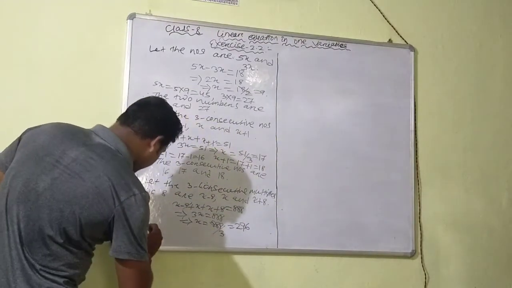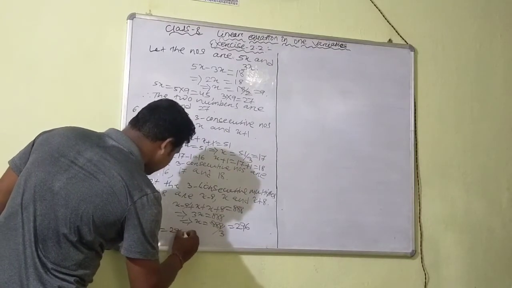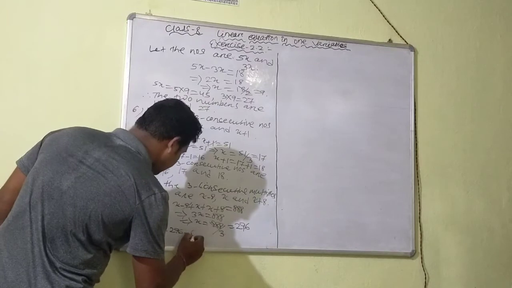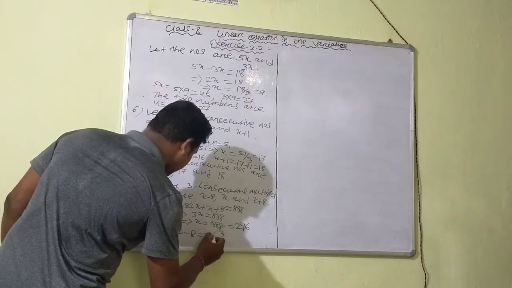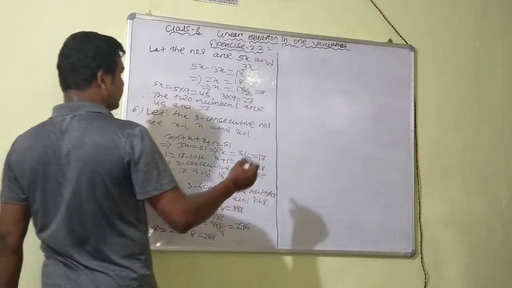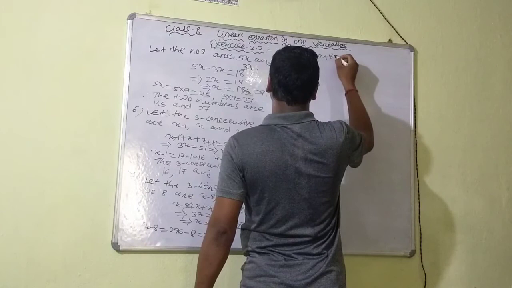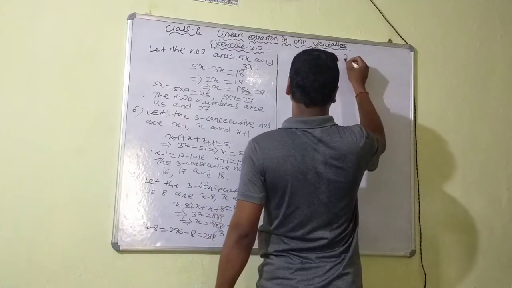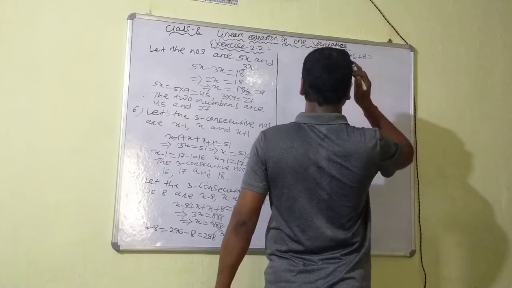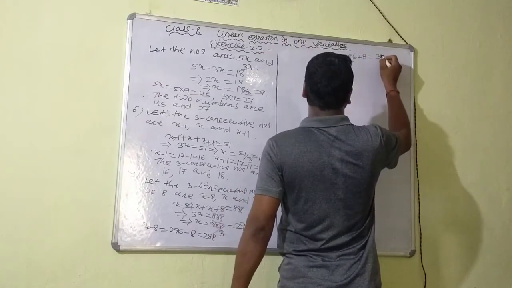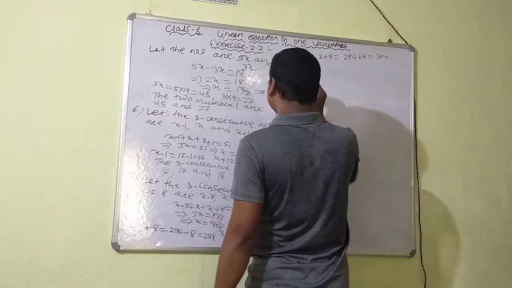So we will find x minus 8, that is 296 minus 8, equal to 288, and x plus 8 equal to 296 plus 8, that is equal to 304. So next we will write the conclusion.